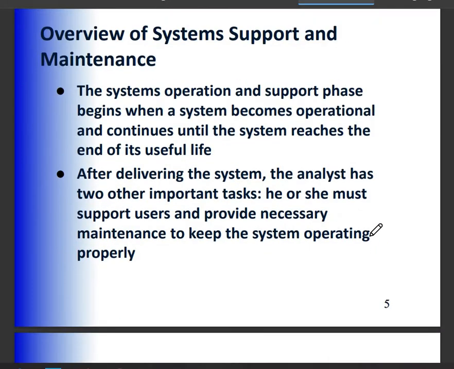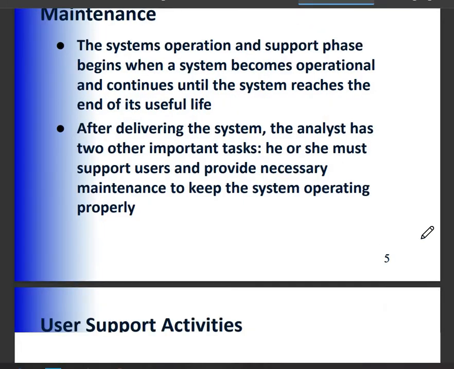Okay. Alright, so this is the overview of system support and maintenance. Okay, so after delivering the system, the analyst has 2 other important tasks. He or she must support the user and provide necessary maintenance to keep the system operating properly.